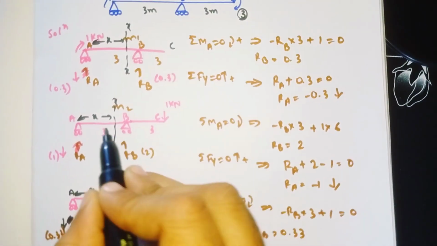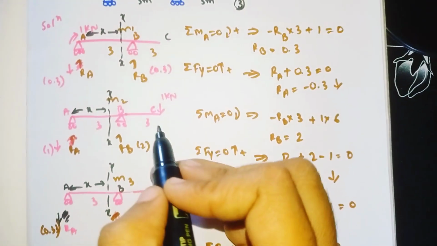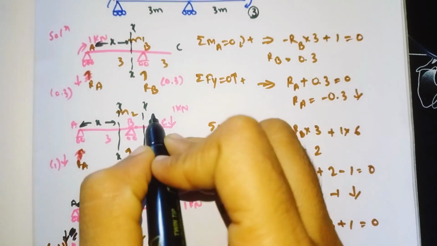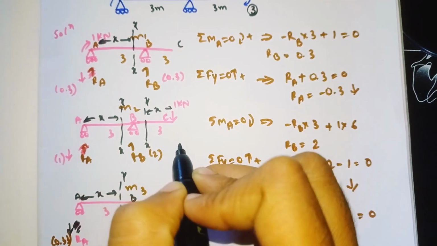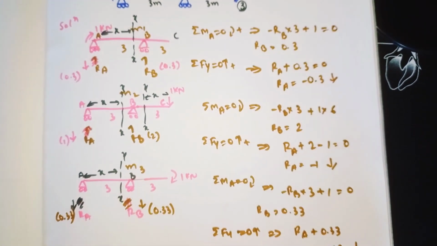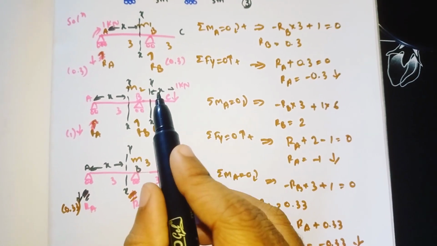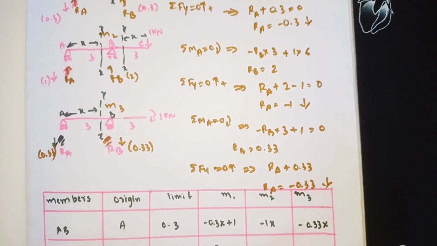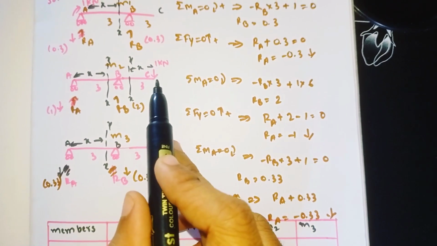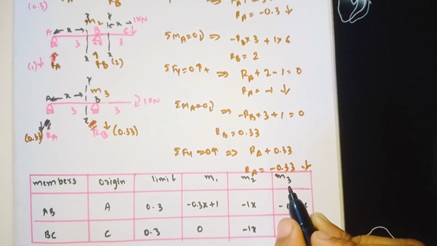For M2, if you cut the section far away from the origin C at a distance of X, here a unit load of 1 kilonewton is acting at a distance of X, so our M2 will be minus 1 into X. It is moving downward below the section, so we need to take the negative.